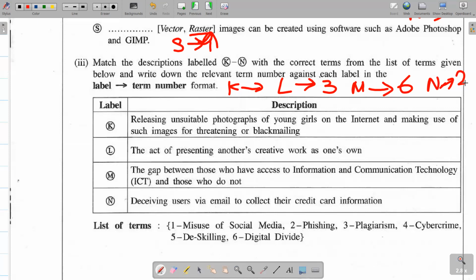Yeah, so for K, what we can go for is the cybercrime, the fourth one: misuse of social media in order to commit cybercrime. Let's cross check and see.